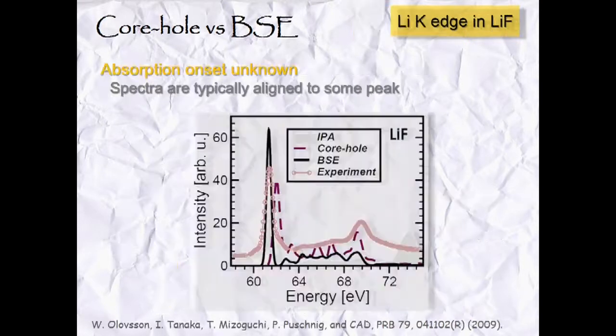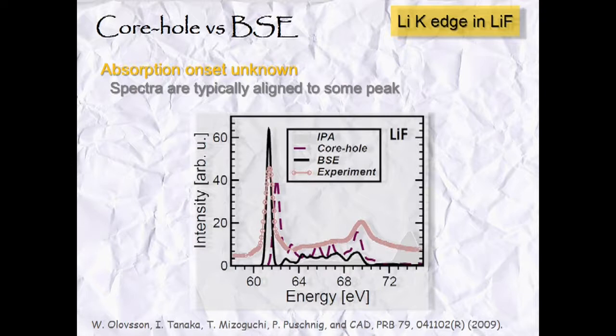And you also see this in the next example. This is lithium fluoride, the lithium K edge, where you see that this very sharp onset exciton is very well captured by the Bethe-Salpeter equation, but the core hole approach underestimates the binding energy.